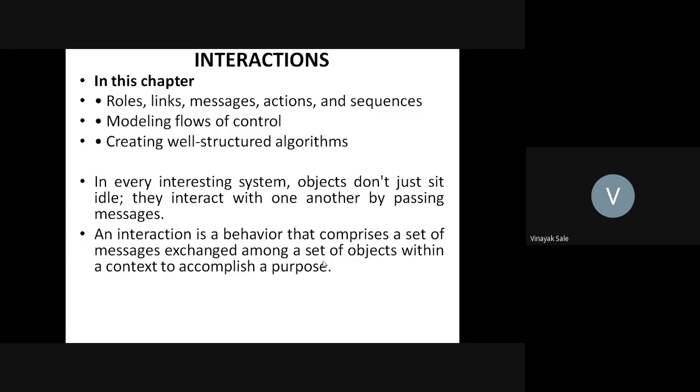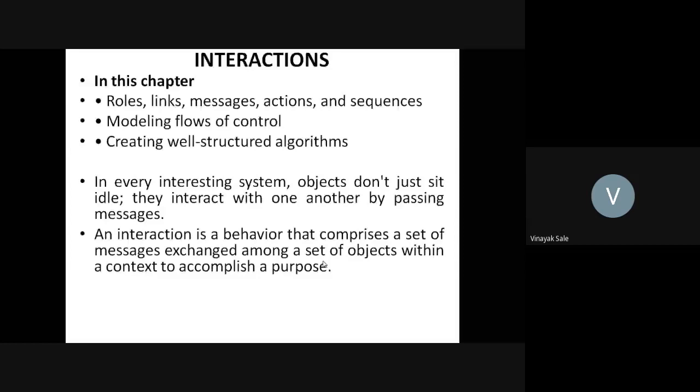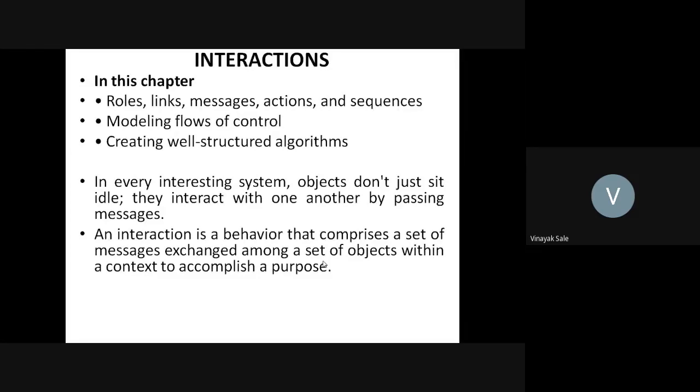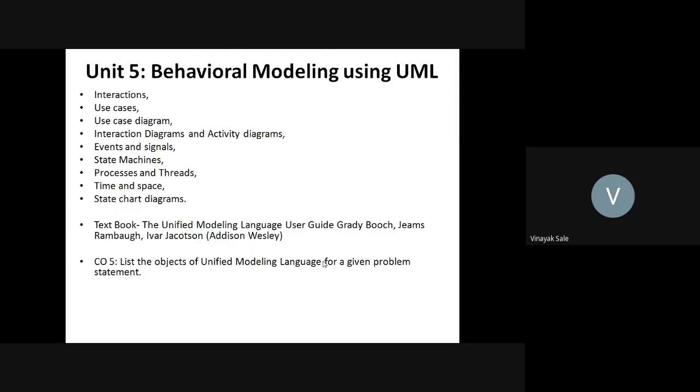So before starting the UML chapter, UML modeling, there are some users, use cases, interactions, activities. So we will study use case diagram, interaction diagram, activity diagrams, events, signals. These are the whole chapters.